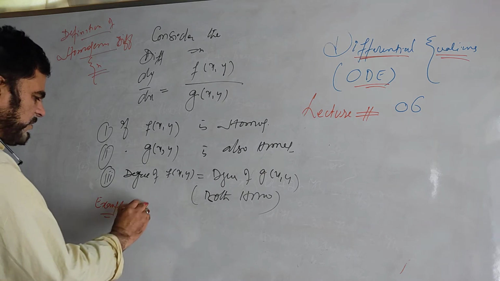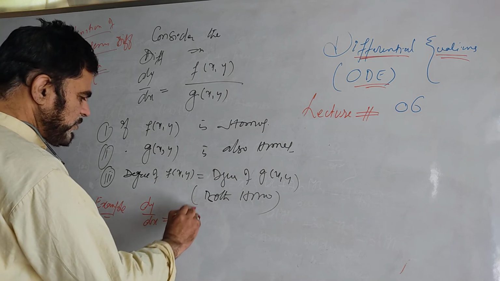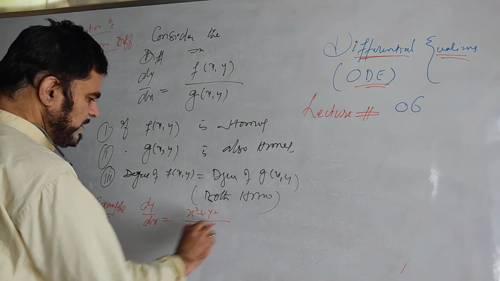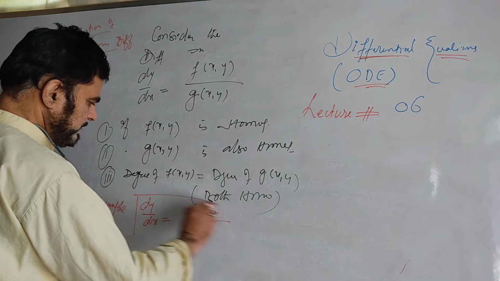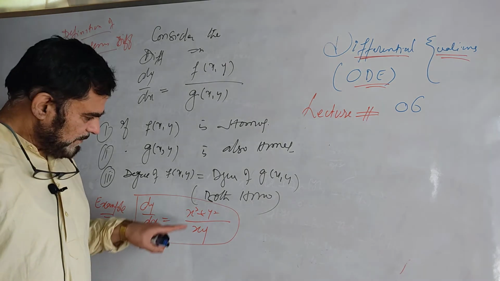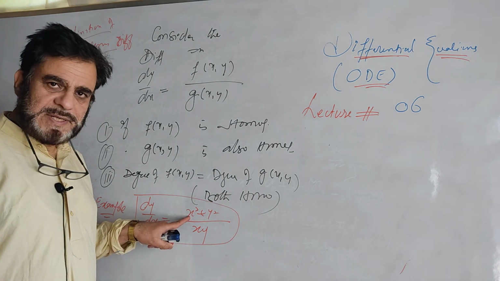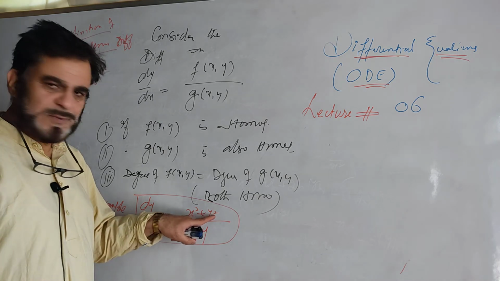Suppose I come across dy by dx is equal to x square plus y square by x y. This is the differential equation. Now look at the numerator. Degree 2 for x square, degree 2 here also.